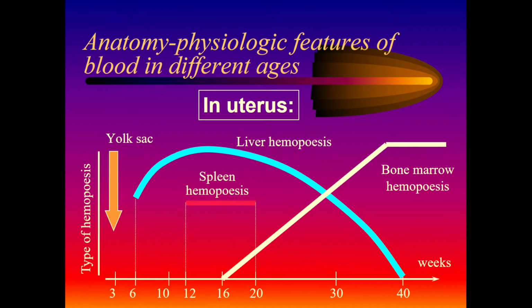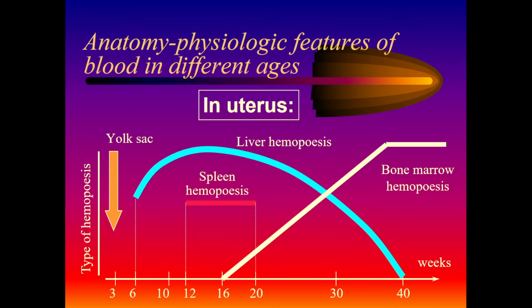You can see these differences in uterus and at different ages, and you can see where hematopoiesis is made during these periods of childhood. In uterus, it's the whole yolk sac during all periods of pregnancy.